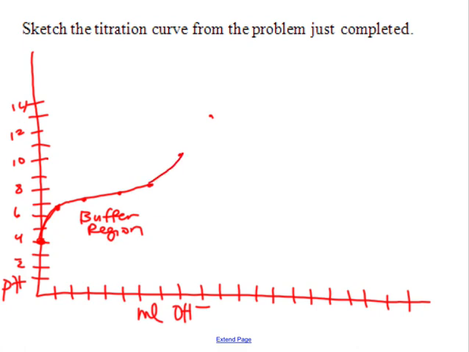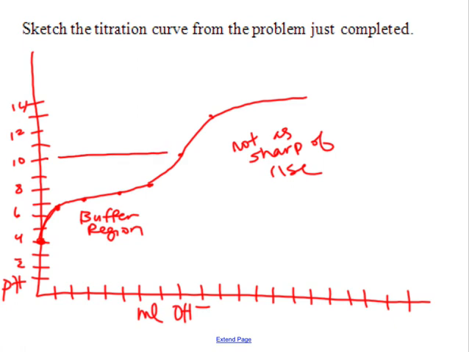And notice, is our rise as sharp as before? No. So it's not as sharp of a rise. Our equivalence point is 10. Does not equal 7. Okay. And then again, our start is not as extreme.